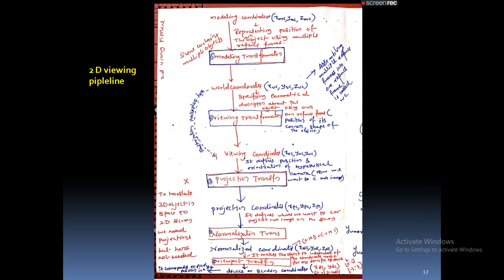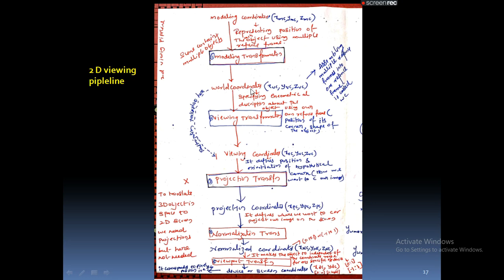So here the first type of transformation is called modeling transformation. This is the first type of transformation we use whenever we want to create and display the image on the screen of the monitor. What is the use of modeling transformation? Modeling transformation will convert modeling coordinates to world coordinates.